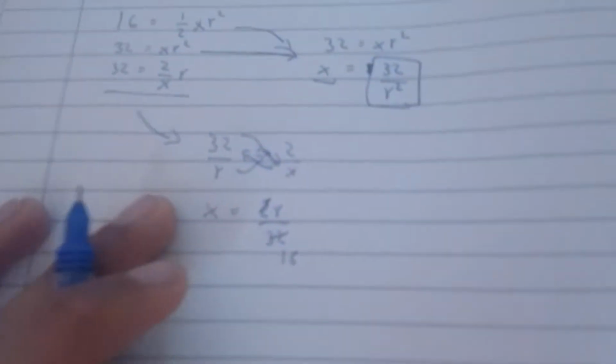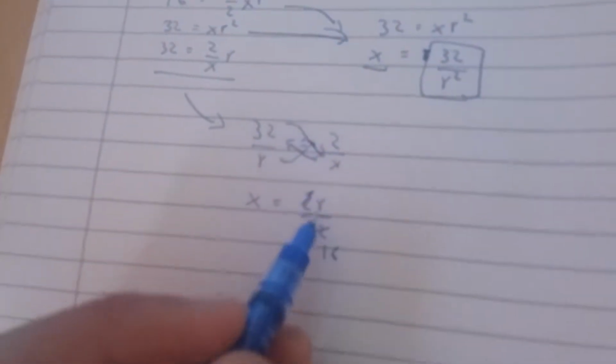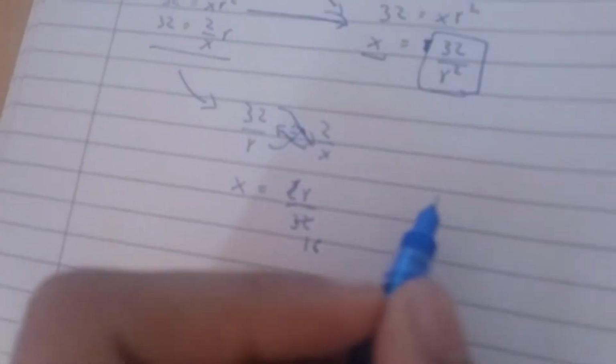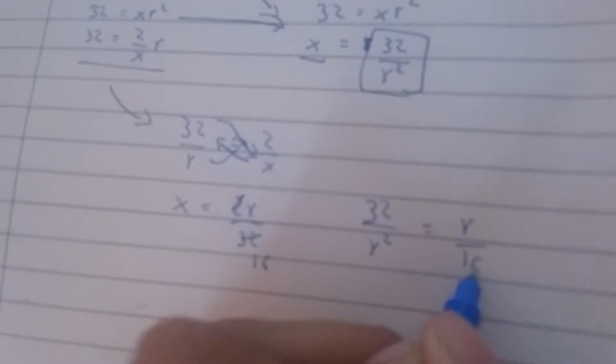So we have two equations for x. x is equal to 32 by r squared, and x is equal to r by 16. So we can equate these two. 32 by r squared is equal to r by 16.